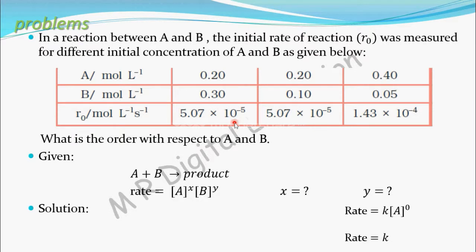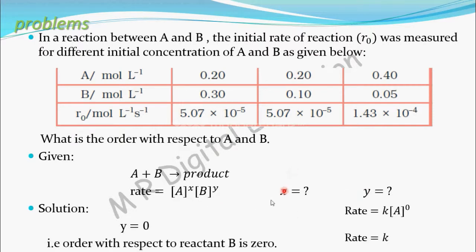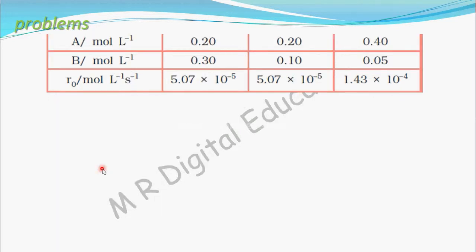So order with respect to B is 0. So y is 0. Let's see now how to find order with respect to A.